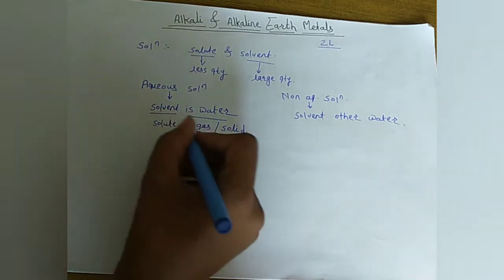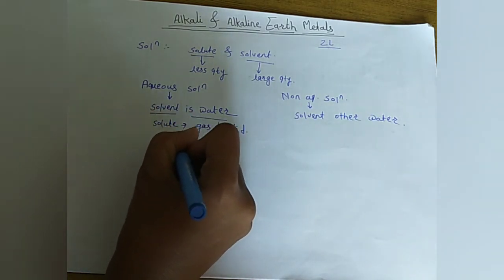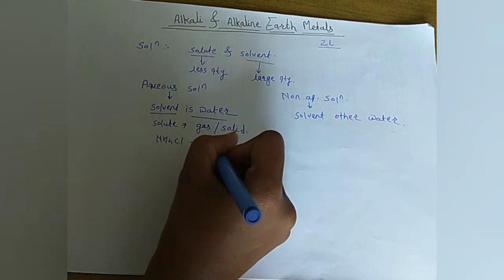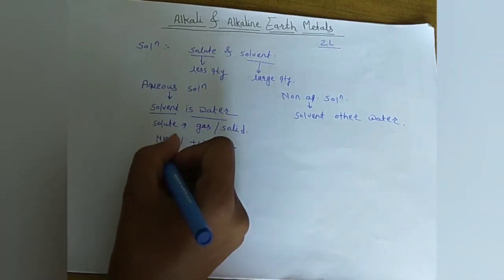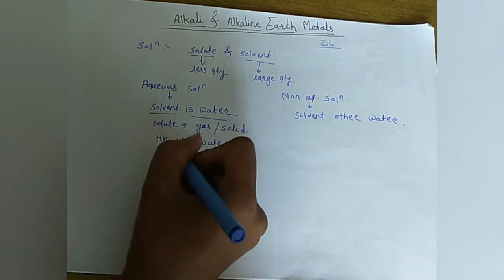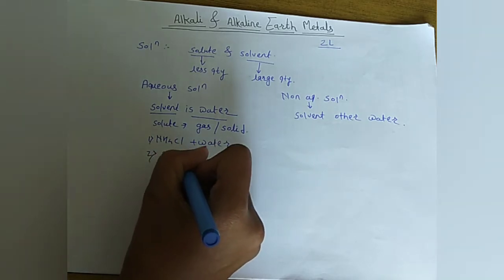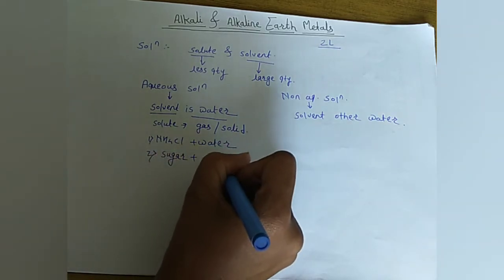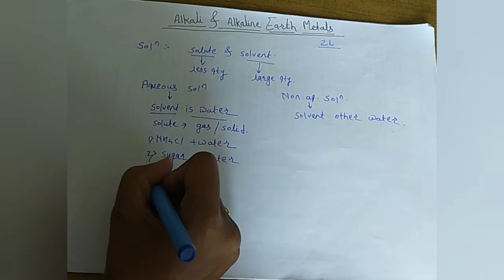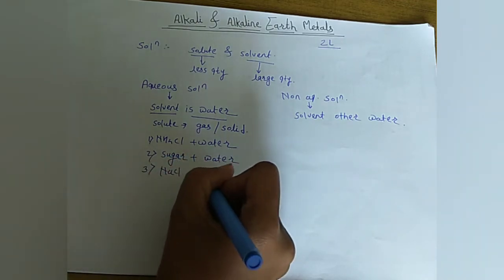Example of the aqueous solution is ammonium chloride plus water. Here ammonium chloride is solute and water is a solvent. Another example is sugar and water. Next is NaCl, that is nothing but the salt, plus water.